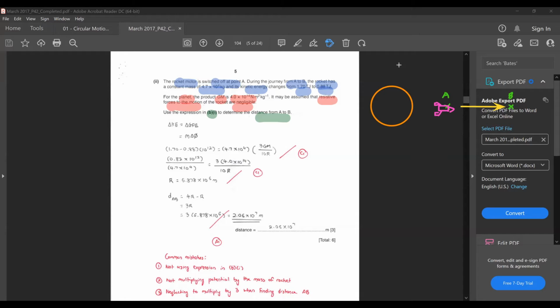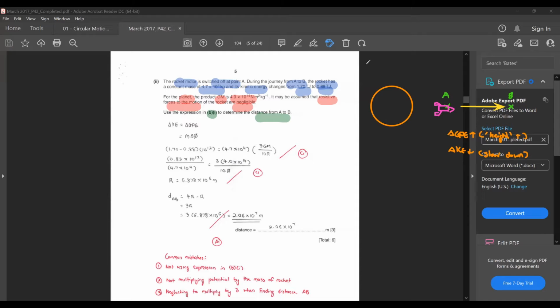In your case here, you're going to have GPE increase because your so-called height has increased. And at the same time, your KE ought to be dropping because you will be slowing down.